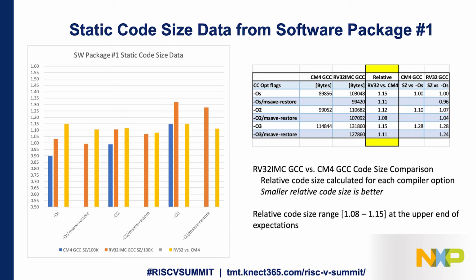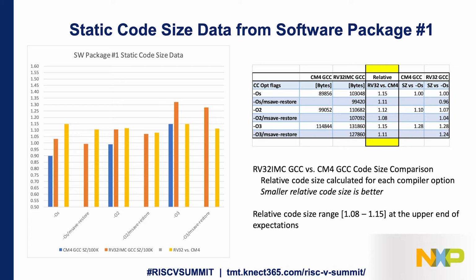As you can see for this particular package, we had a range of about 1.08 to 1.15x static code size growth for RISC-V versus the Cortex-M4. We thought that was relatively within the range of expectations that we were starting off with.